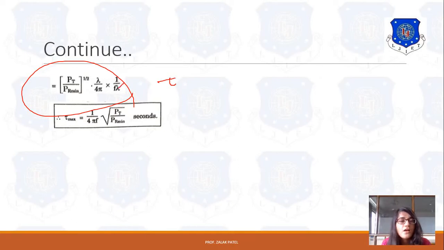This lambda and lambda will cancel out, so it is under root. This is raised to 1 by 2, means square root. So tau maximum means maximum delay. Maximum delay is called worst case delay. So tau max is equal to 1 upon 4 pi F under root PT upon PR minimum seconds. So this is how one can calculate this tau maximum.